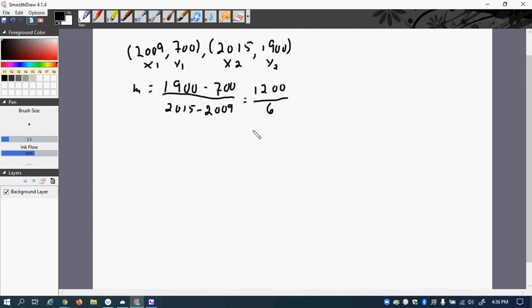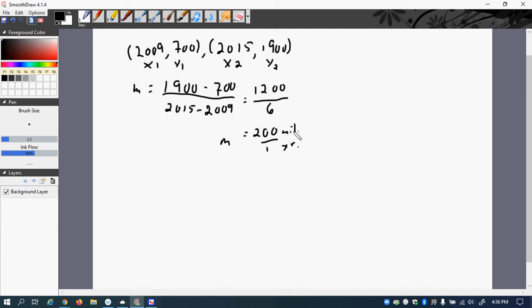So my slope is 200. This is telling me that I have 200 million users per year for the slope.